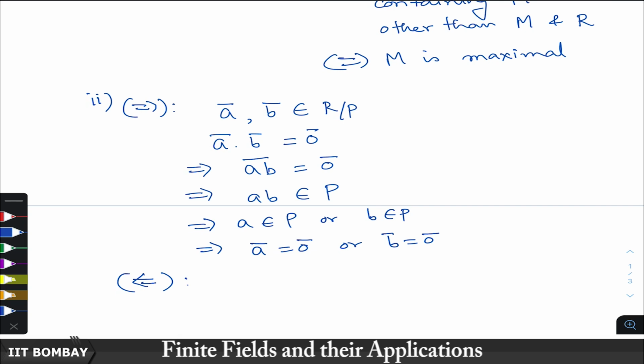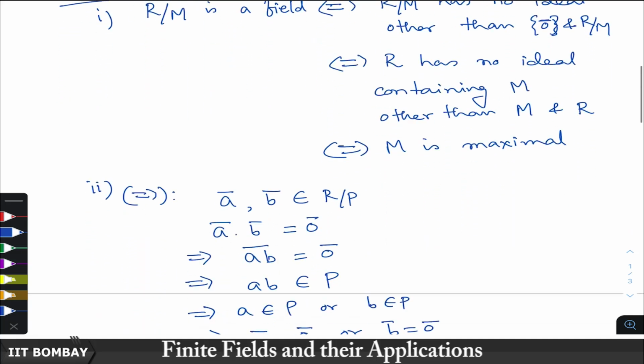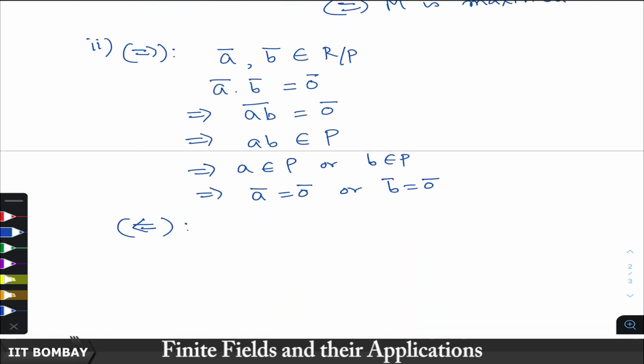The backward part, we want to show that P is a prime ideal. So, that means we want to take AB in P, and we want to show that either A is in P or B is in P. You just follow a very similar principle.